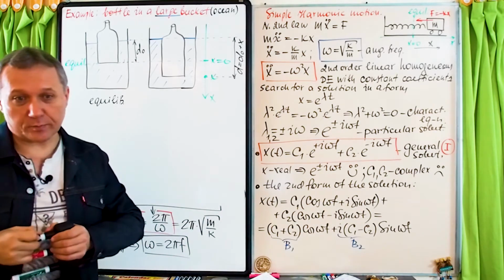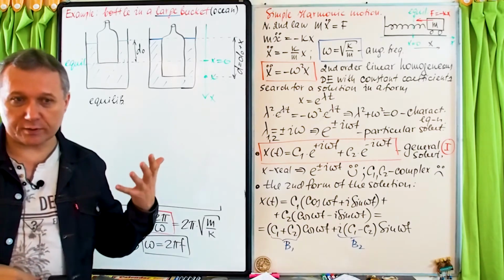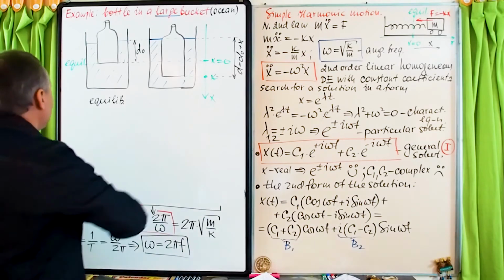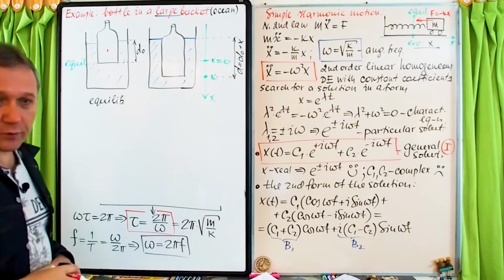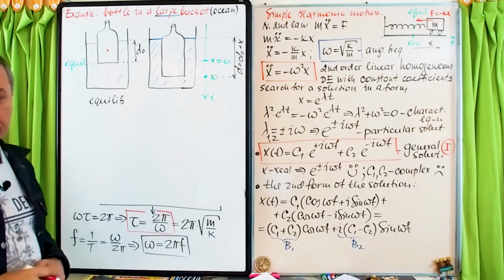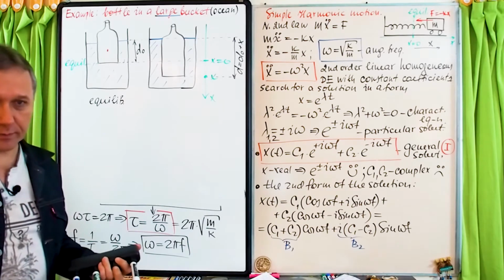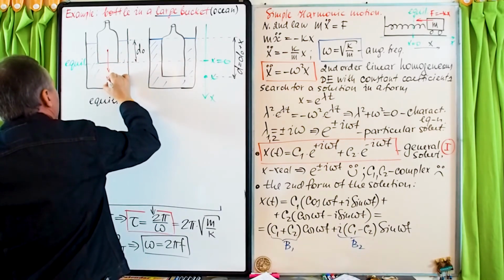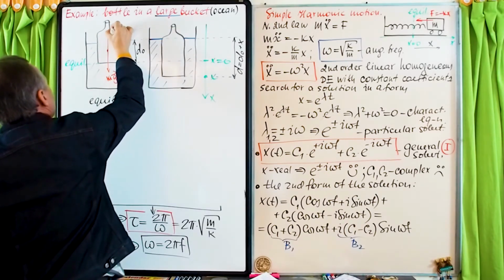Then the last part, since we're using the Newtonian approach, Newtonian formalism, of course, forces must be on the picture. In equilibrium, we have two forces, force of gravity and buoyancy force. Buoyancy force equals the weight of the displaced water. In the equilibrium, force of gravity, of course, will be equal to buoyancy force, Fb.